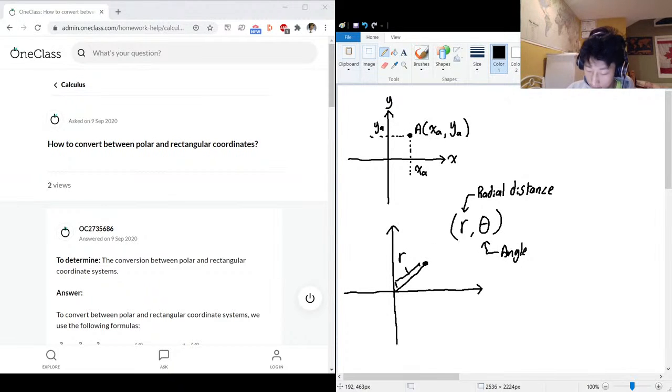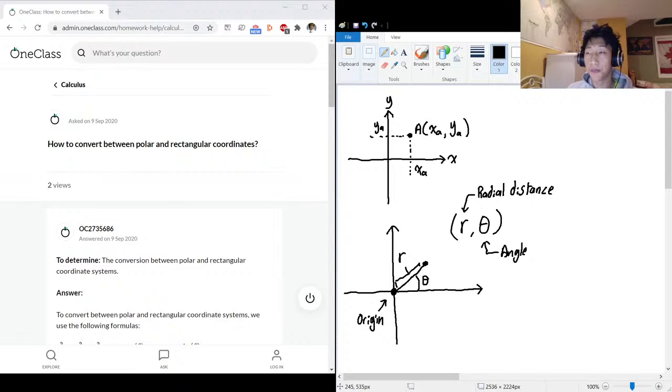That's the radial distance away from the origin. So I'll just draw that out. Origin, like where we originate from. That's a nice way to remember that. So we have our r, our distance away from our origin, and then we have the angle that it makes, which is theta.